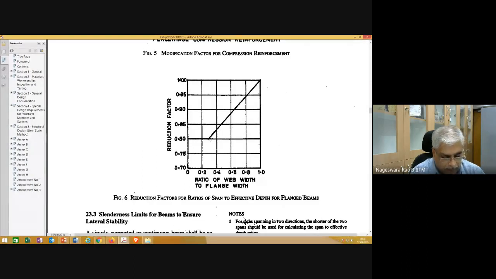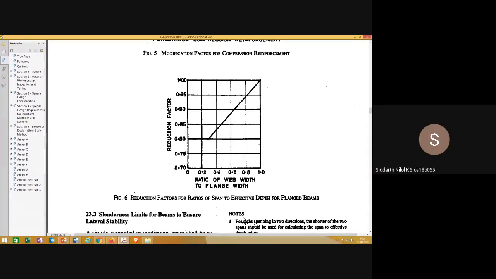Please respond quickly. Compression reinforcement modification factor. It's 1.1, nearly 1.1.